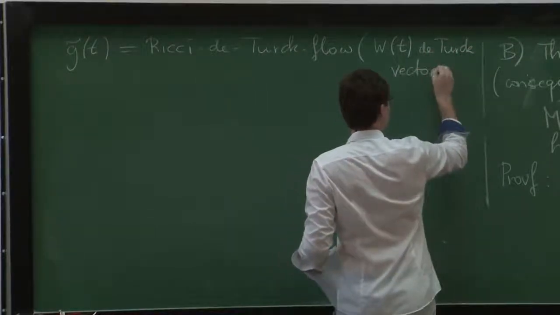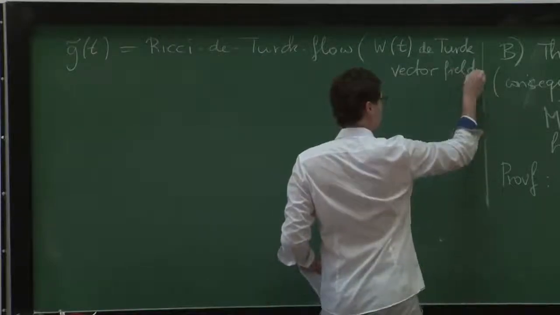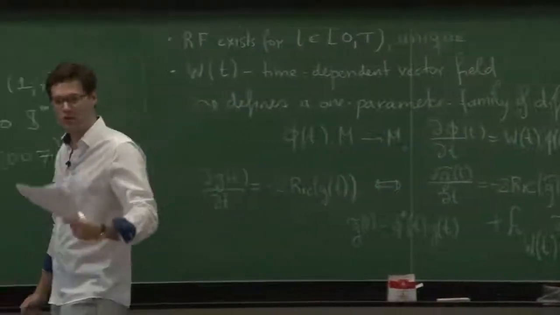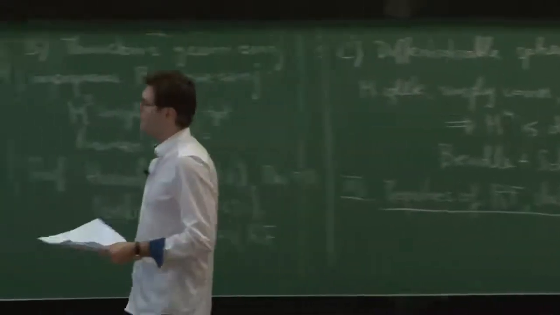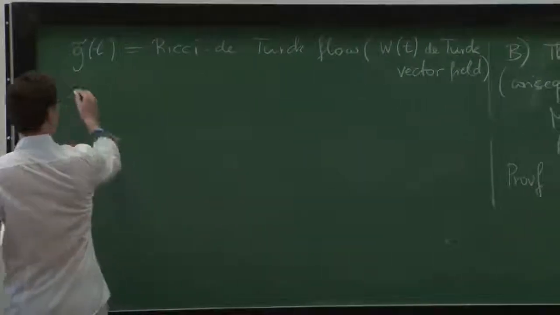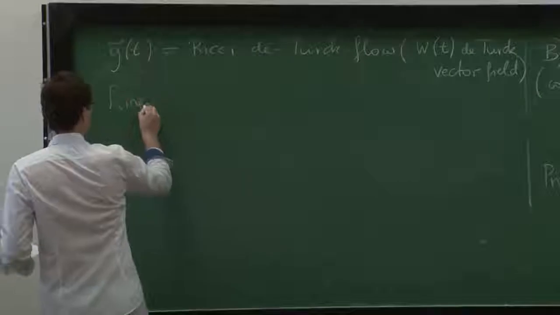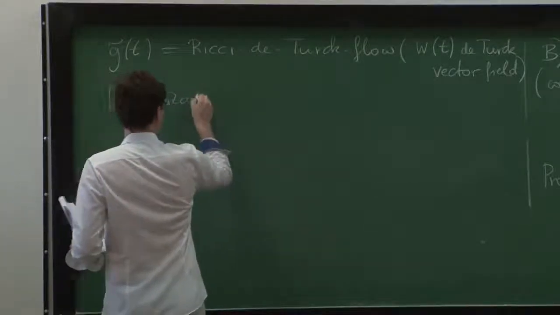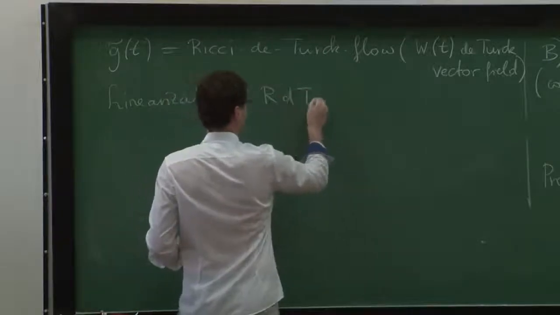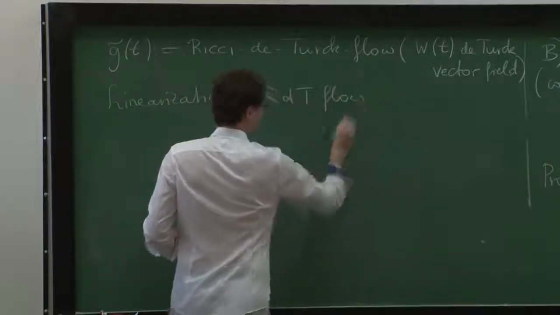So taking this DeTurck vector field, you will get a new equation which is called the Ricci-DeTurck flow. And the reason for the Ricci-DeTurck flow is the following. The linearization of the Ricci-DeTurck flow is as follows.